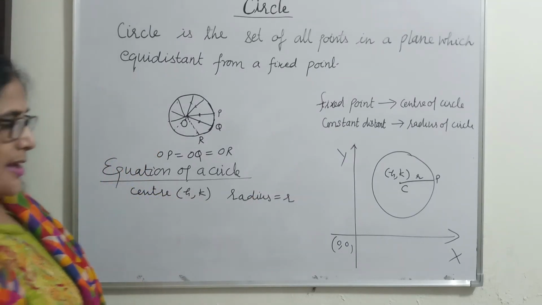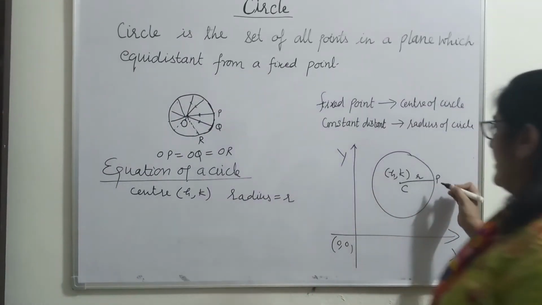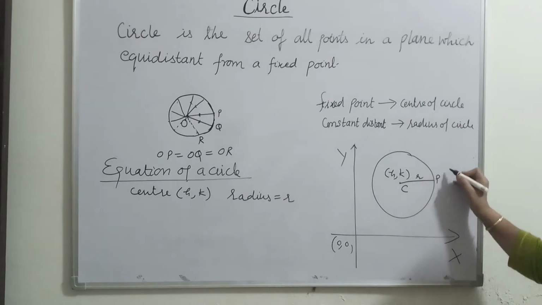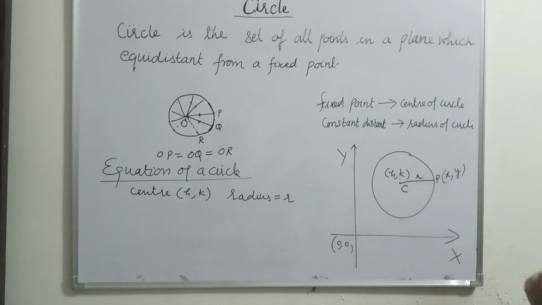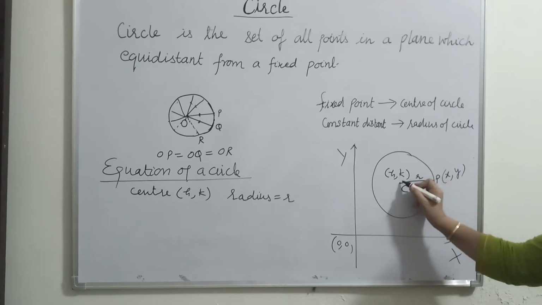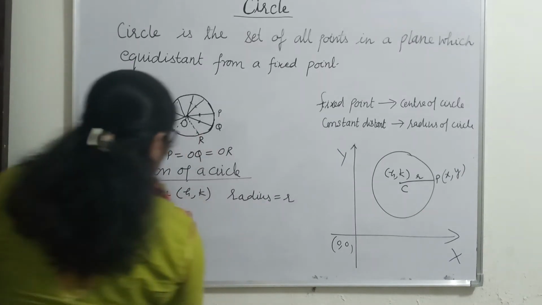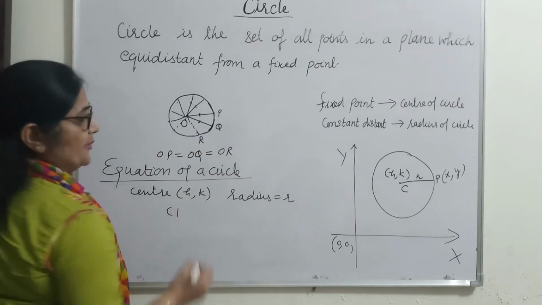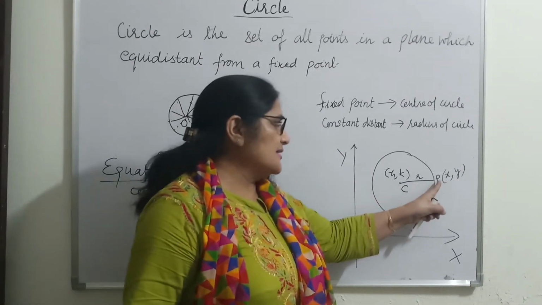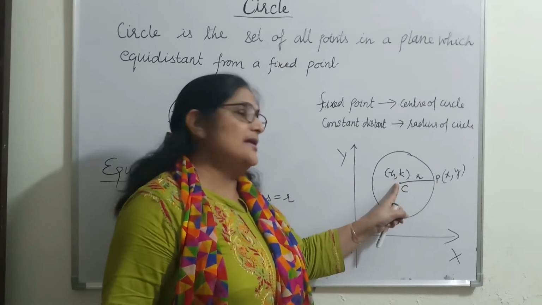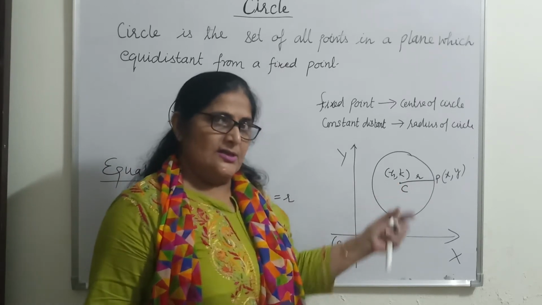So, we have taken P, any point on the circle whose coordinates are (x, y). So CP is the radius here, and CP is the distance between a point on the circle and the center of the circle.